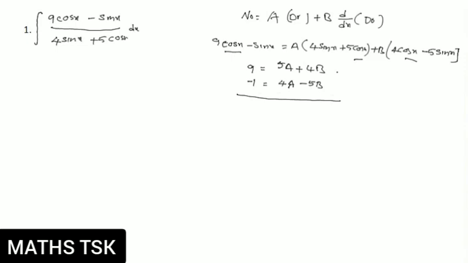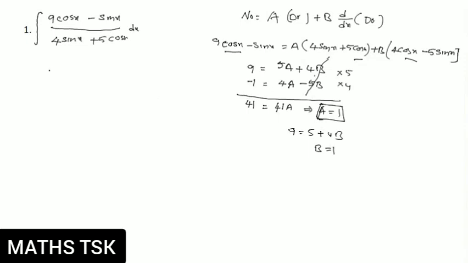Multiply this with 5 and multiply this with 4 so that these two get cancelled. So 45 minus 4 is 41 is equal to 25 plus 16, 41a. This implies a is equal to 1. Okay. So if a is equal to 1, what about the value of b? 9 is equal to 5 plus 4b. So b is also 1.